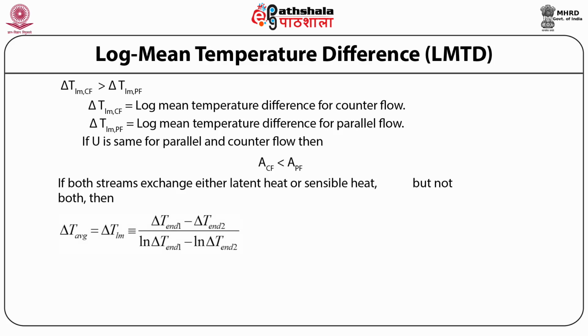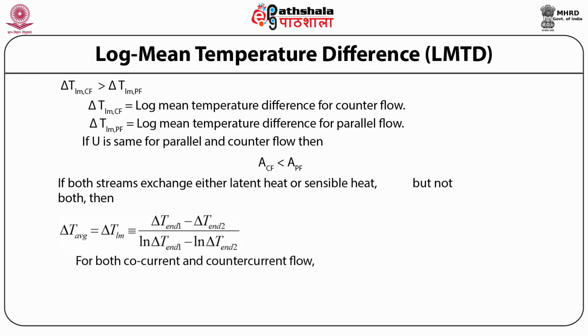In this case, we can say del T Lm equals del T end1 minus del T end2 divided by ln of del T end1 minus ln of del T end2.